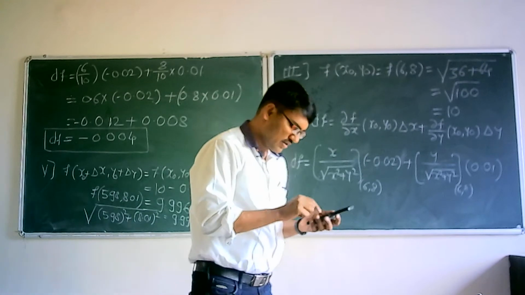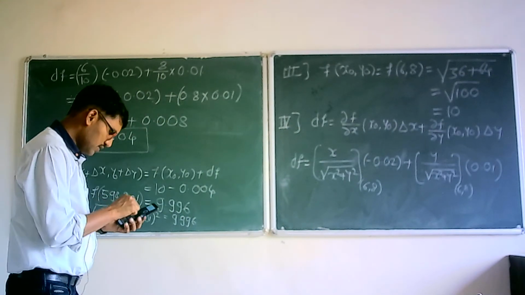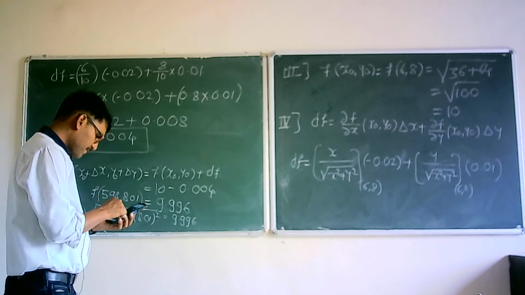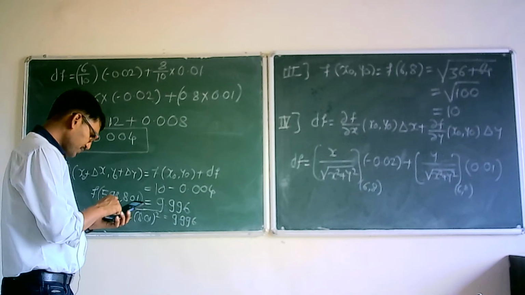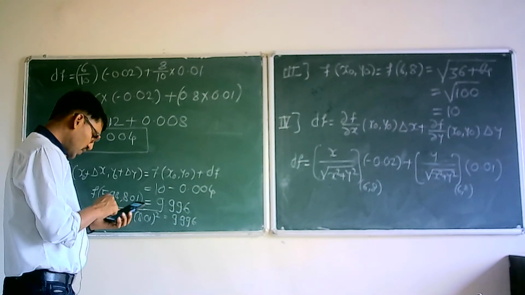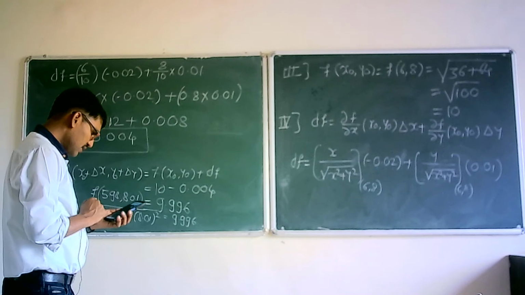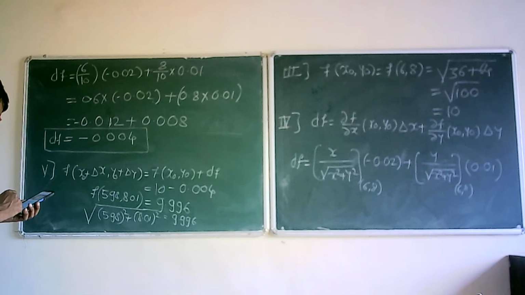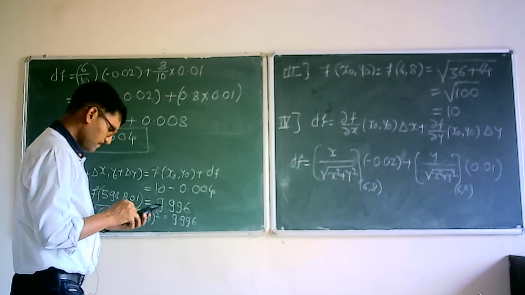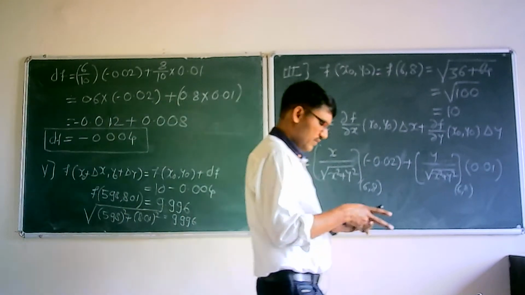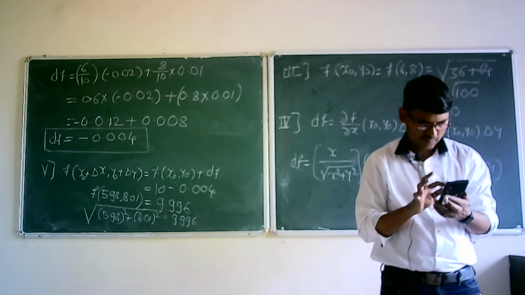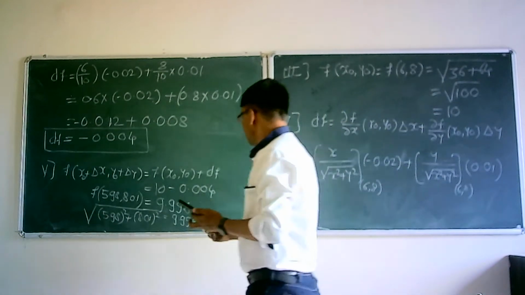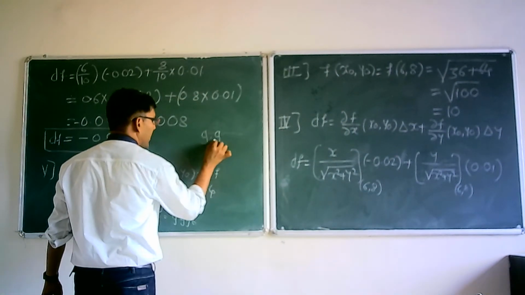So if we use the calculator, square root of 5.98 square plus 8.01 square, the answer will be 9.996.